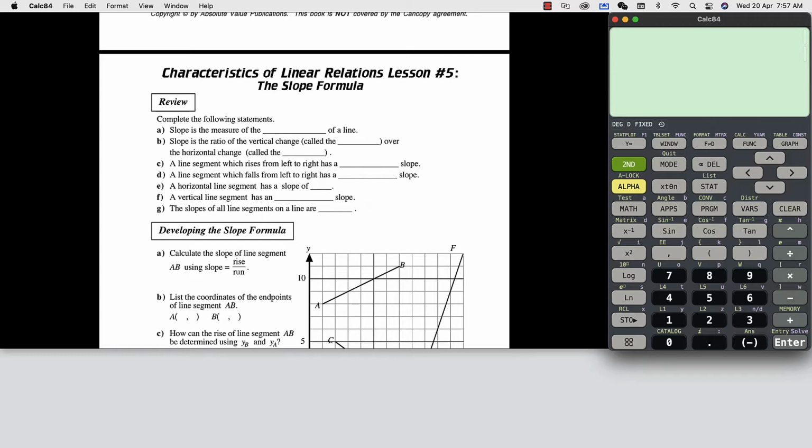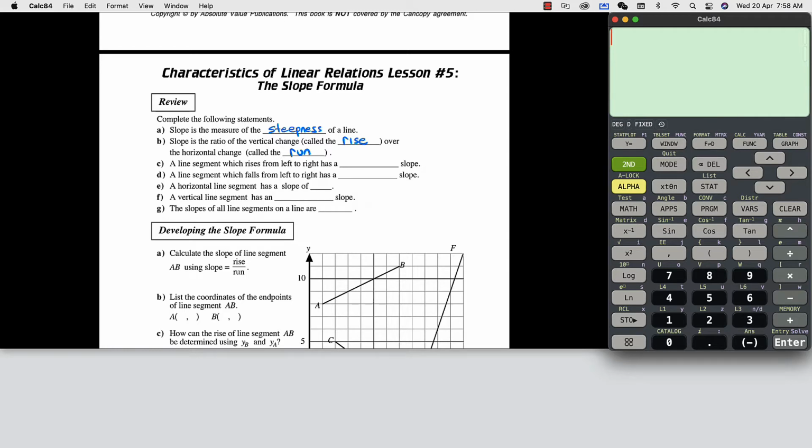So slope, part A, is the measure of how steep a line is, so that's the measure of its steepness. And part B, the slope is a ratio of vertical change over the horizontal change, and quite often the vertical change is referred to as the rise and the horizontal change would be referred to as the run.